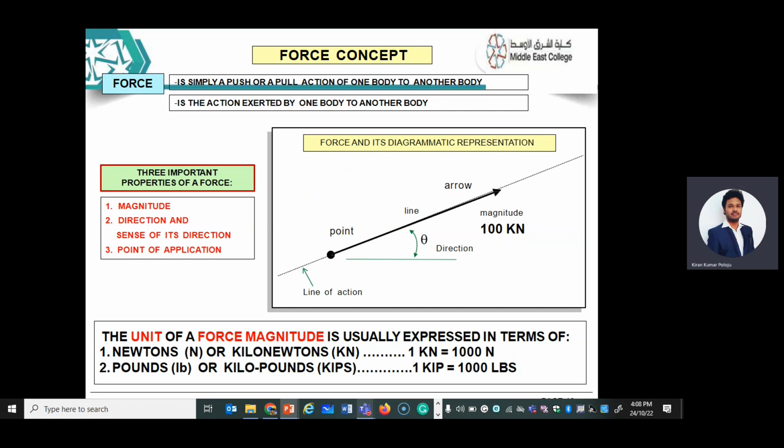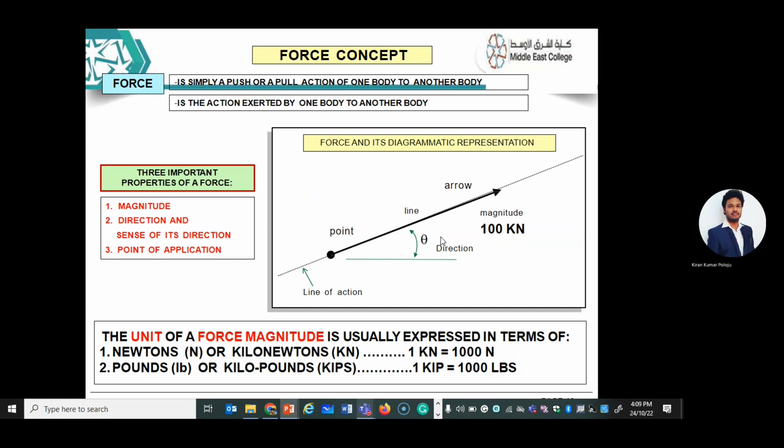And next is the point of application. It means where this force is going to act. On this beam, the point of application means this one. Where is the point of applying this force? That is called point of application. These are the three properties of a force: magnitude, direction, and point of application.